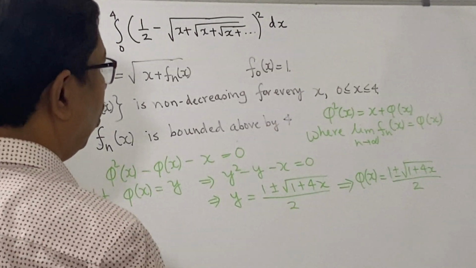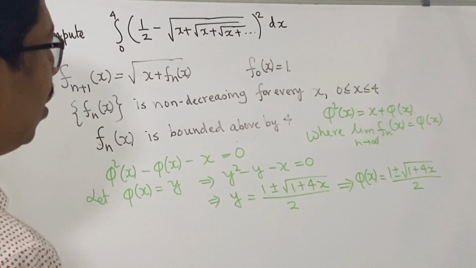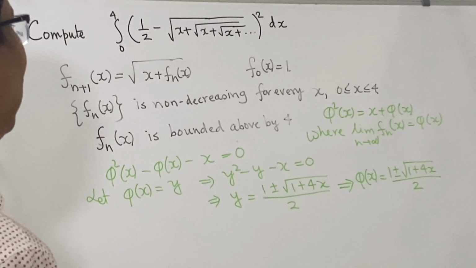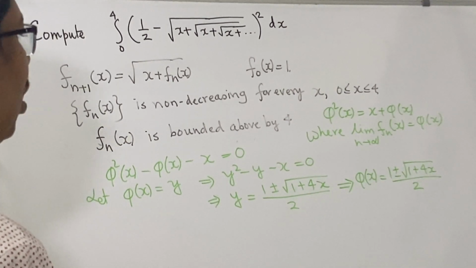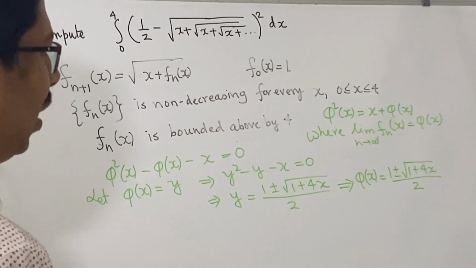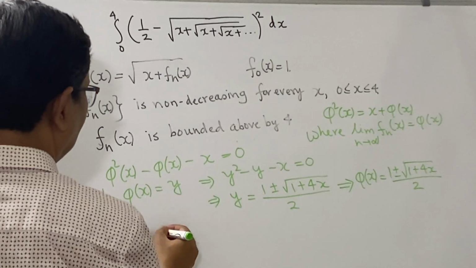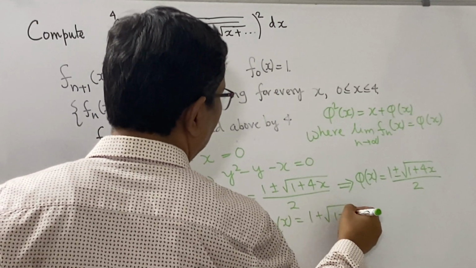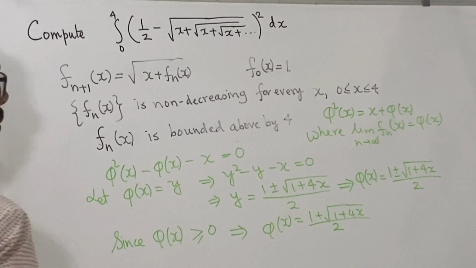But since x lies between 0 and 4, 1 minus root of 1 plus 4x over 2 is negative, and since the sequence is always non-negative, the limit of a non-negative sequence cannot be negative. So we can conclude that phi of x has to be 1 plus root of 1 plus 4x, over 2. So we have been able to explicitly obtain a form for this.